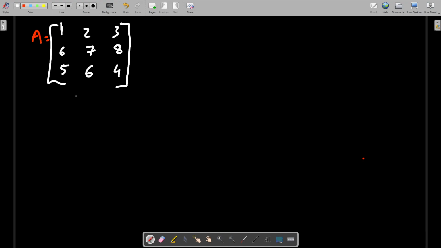This is the matrix which I want to enter into my system, into Scilab.